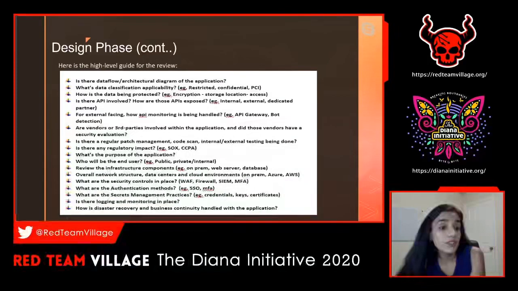Now let's talk about whether regular patch management, code scans, and internal and external testing are being done. You have to ask the application owner, when was the last time the application was assessed? Is it a part of patch management? If it's not, it's a red flag.